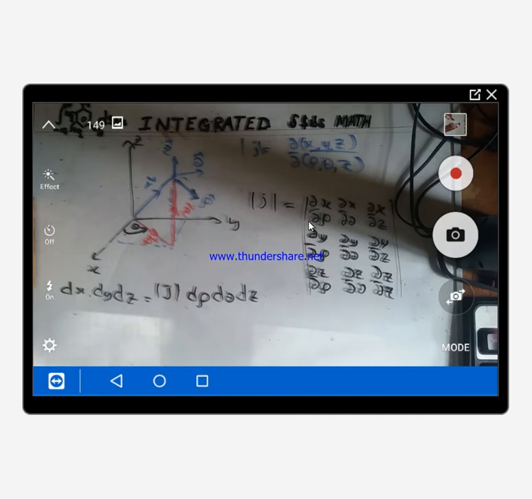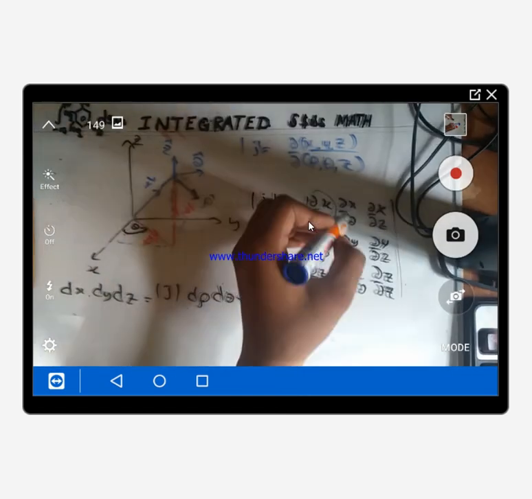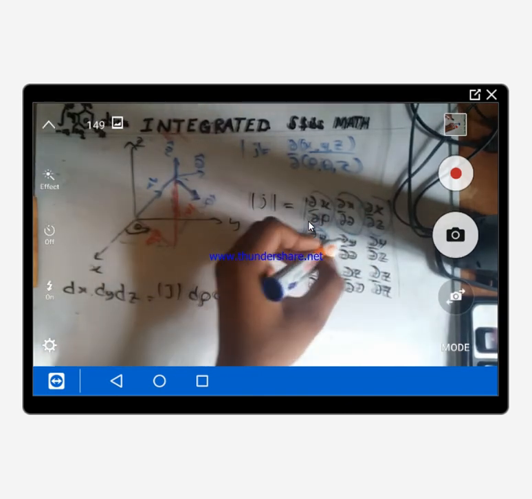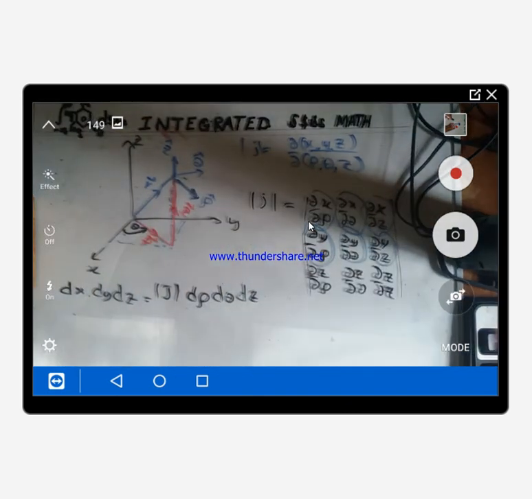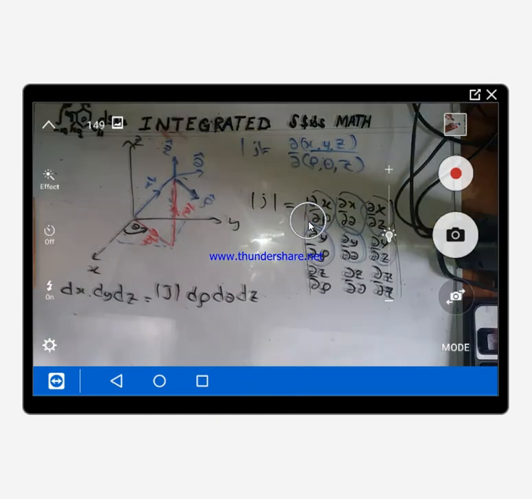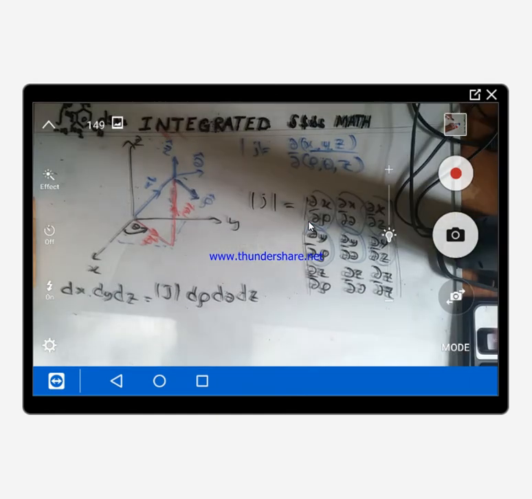I'll show you how to calculate it. At the very first, you need to find all these elements, so you need to know the relationship between these six quantities.